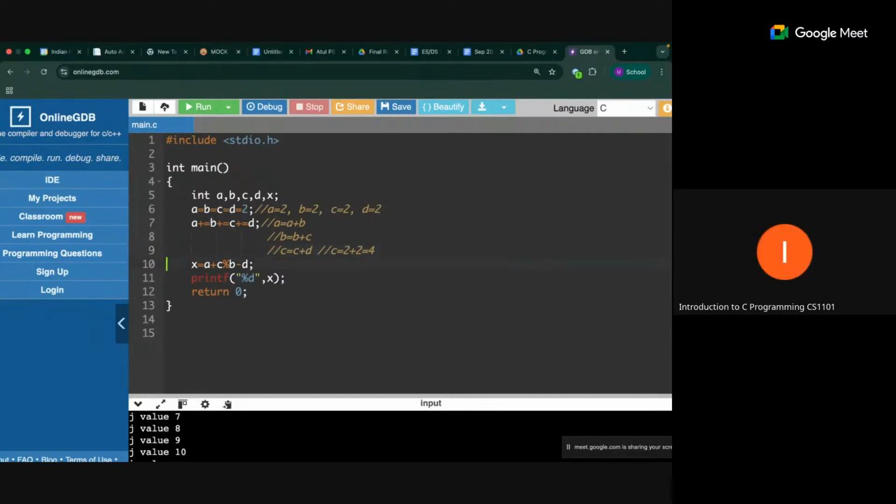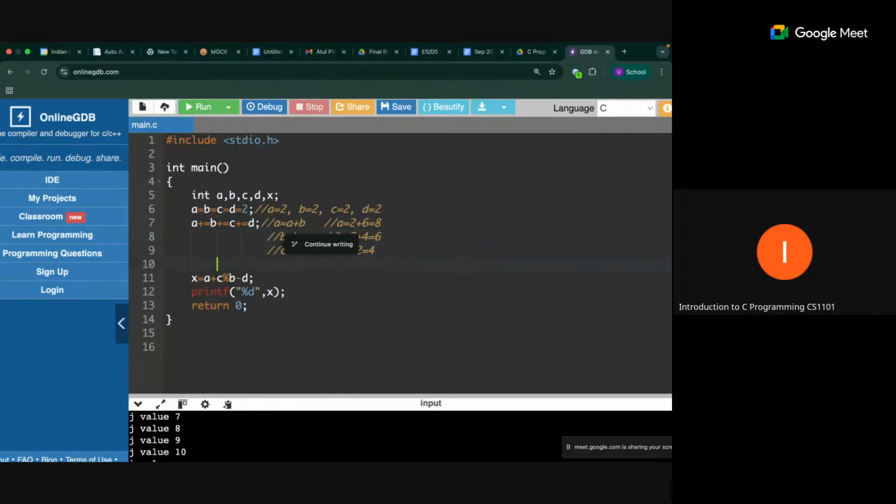So now that 4 is taken in the previous step. b is equal to b plus c; the b value is 2 and the c value is 4. Its updated value is 6. Then a equal to 6 plus 2, it becomes 8.